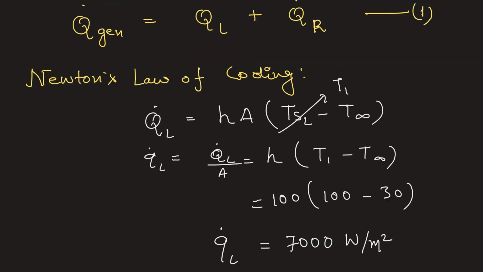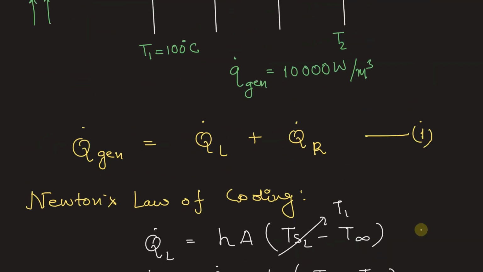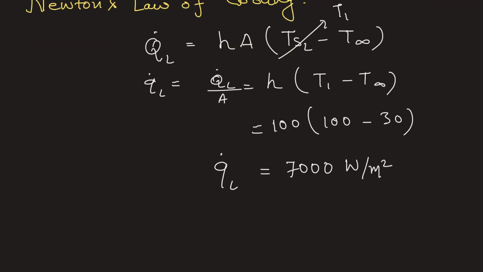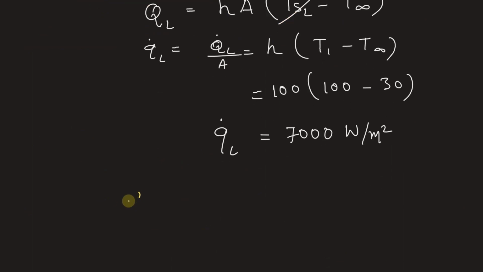Now for unit area, equation number 1 can be written by dividing it by the area term. Heat generated in the middle slab should be equal to heat flow rate in the left slab plus heat flow rate in the right slab, and all are per unit area, because in the middle slab heat is dissipated from the left and the right slab.